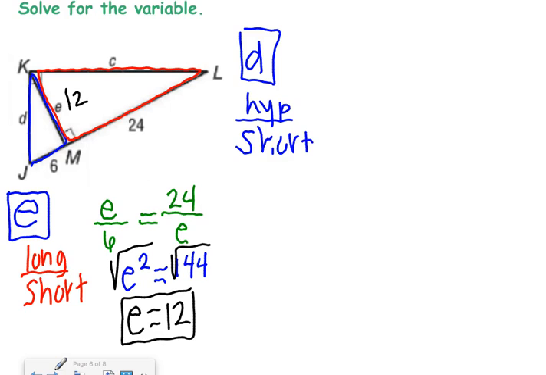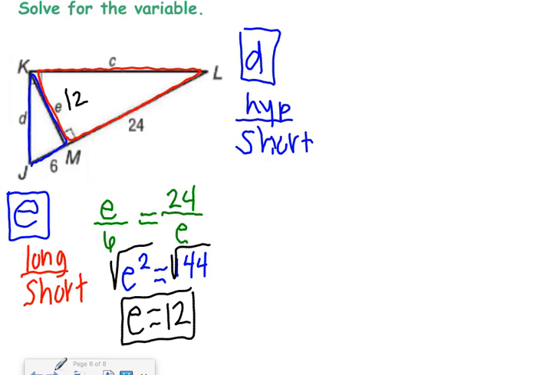Because on the real big triangle, it's the shortest side. On this big one, see this real big one, KJ would be the smallest. Yeah, that's your smallest side, which is D. So we have to put our biggest side over the shortest side. Oh, that's pretty cool.